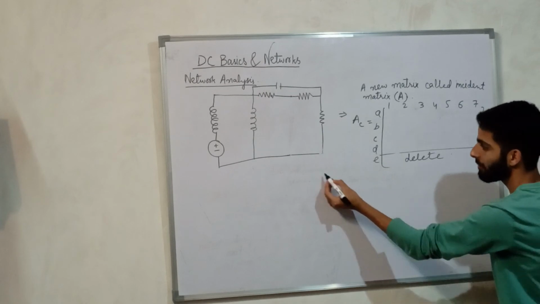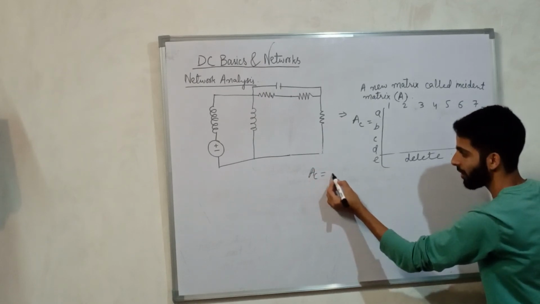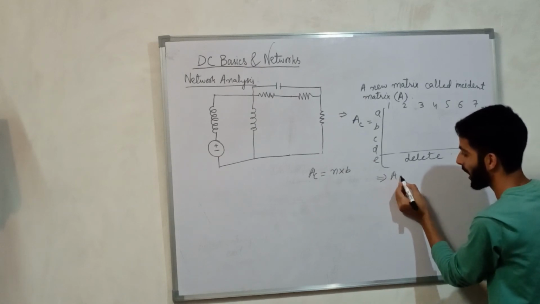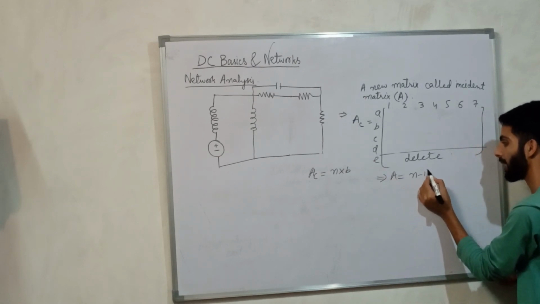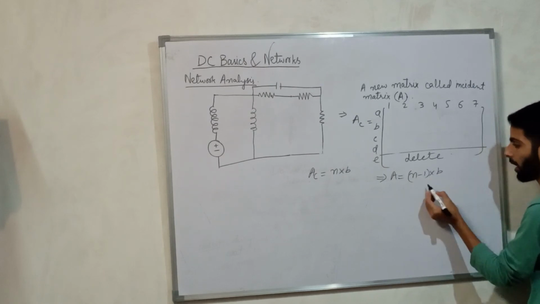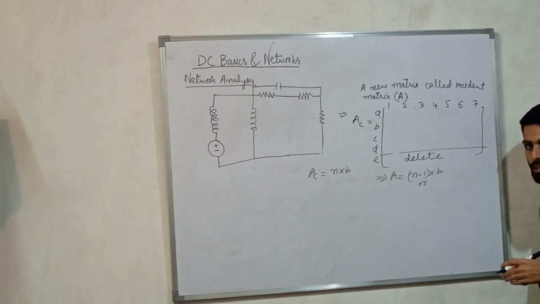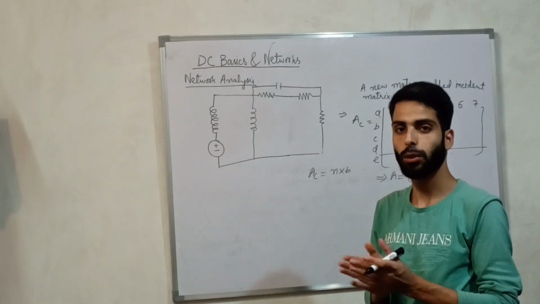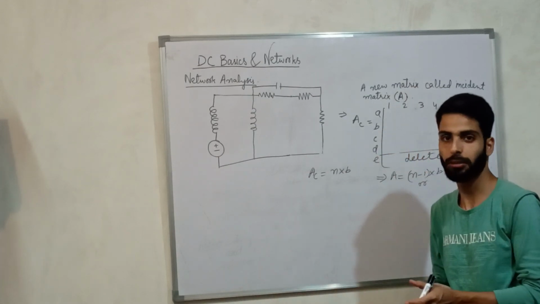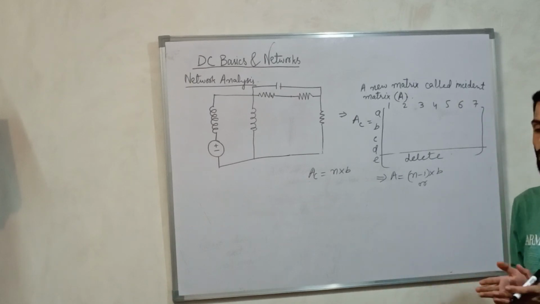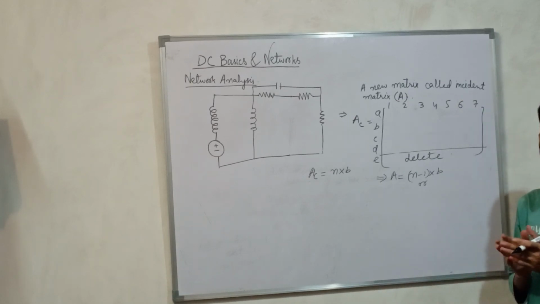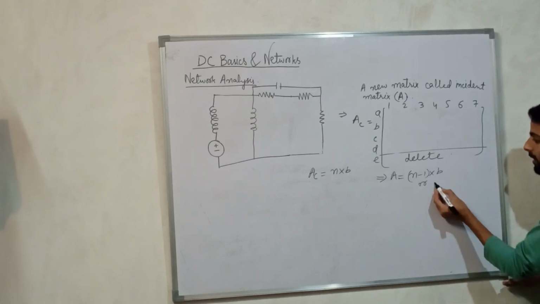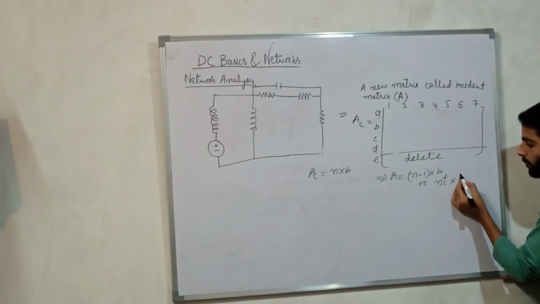Recall, AC was of the form n into b. What will A be now? A will be n minus 1 into b, where n minus 1 is equal to the number of nodes, and b is the number of branches. I already told you that this is part of a derivation process which we are not going to do here, by which we conclude that n minus 1 is equal to nt, the number of twigs. So writing it directly here, nt into b.